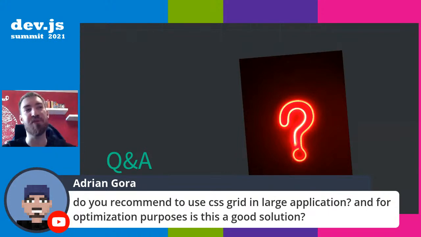So if you nest grids, in time you will notice some kind of performance drops. But for the layouts and for the pages themselves, I would say it's a good moment to start using CSS Grid for that with a Flexbox fallback if 95% is not to your satisfaction when it comes to support.